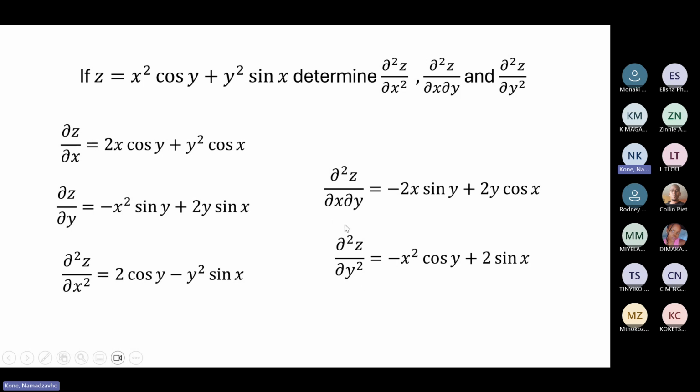This one is exactly the same as d squared z dx dy. But this one is the same as d squared z dx here at the bottom. So you can go on your own and do d squared z dy dx and check if it is the same as this one. I think that you can do it on your own.